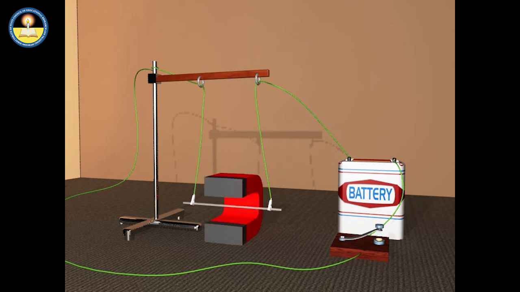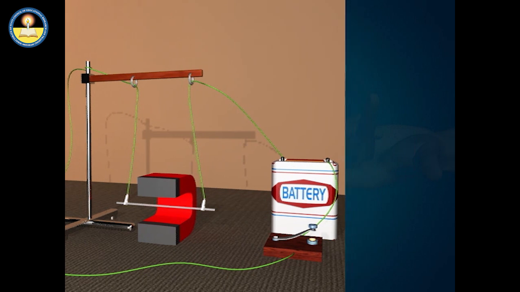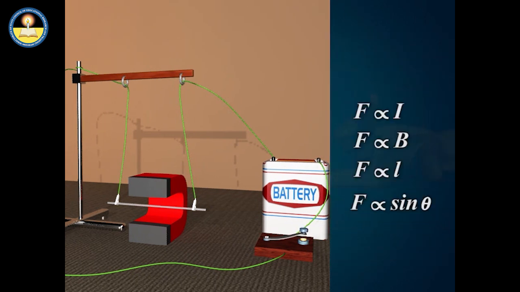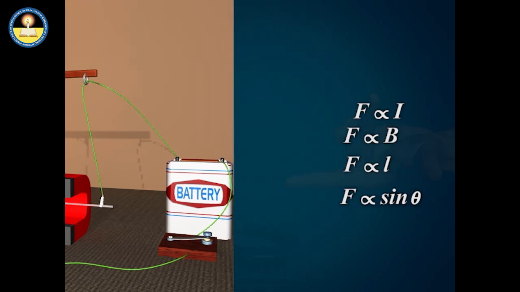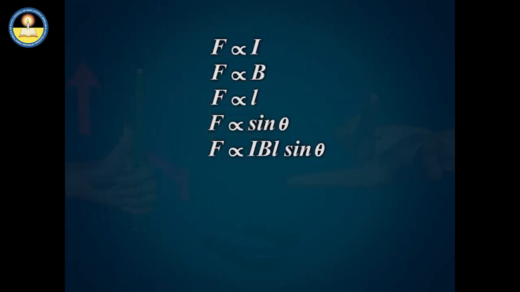On combining the obtained observations, the magnitude of the force acting on a current-carrying conductor placed in a uniform external magnetic field is directly proportional to the strength of the electric current, strength of the magnetic field, the length of the conductor within the magnetic field, and the sine of the angle between the direction of current and that of the magnetic field.